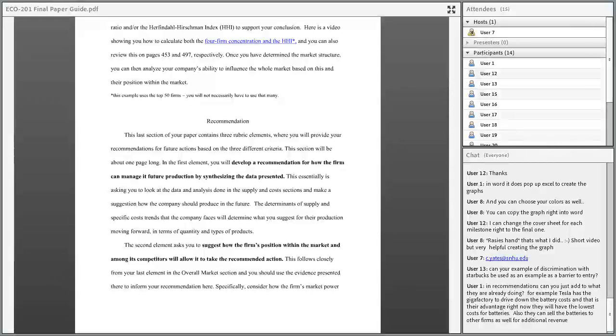David, in your recommendation, can you just add to what they are already doing? For example, Tesla has the Gigafactory to drive down the battery costs, and that is their advantage right now. They will have the lowest cost for batteries. Also, they can sell the batteries to other firms for additional revenue. So, David, you know this, so you can use this information to tailor your recommendations.